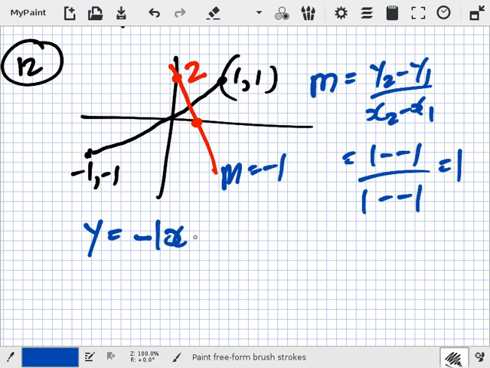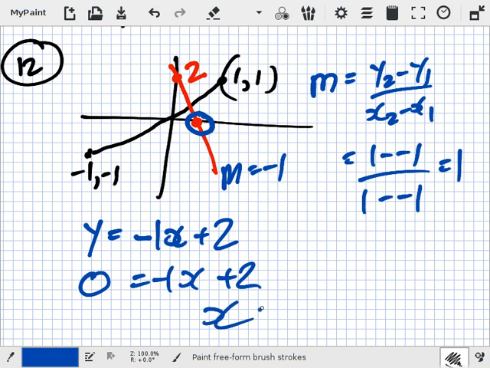Now, you know what the c is for this red line? 2, because I told you it's where it crosses the y-axis. So where does it cross the x-axis? When y is 0. So x will equal 2. So the answer is 2. When you say give your answer in x only, can you say just x? Just 2, yes.